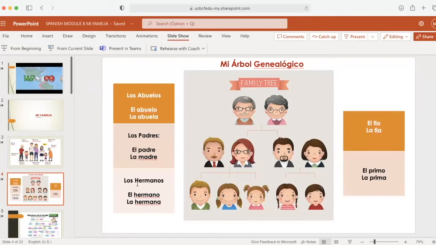As you can see on your left side, we are now using what kind of article? What article are we using? A while ago we talked about indefinite, and now what are these? Los, el, la, definite article. In English, what is that?